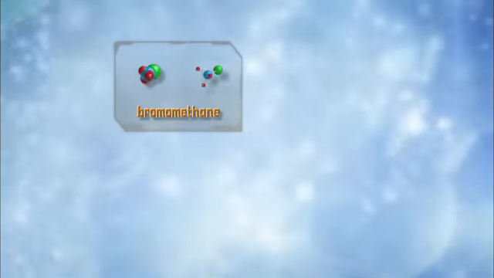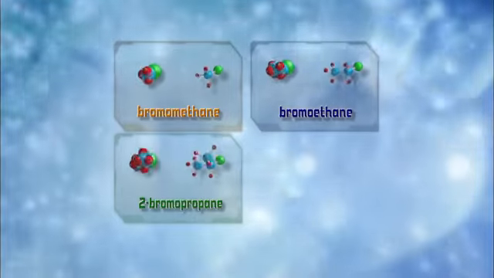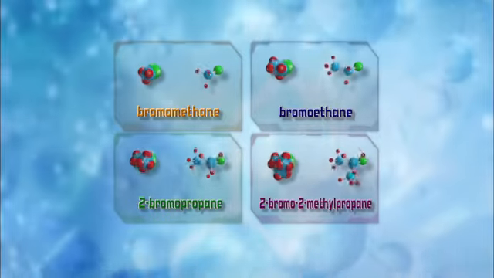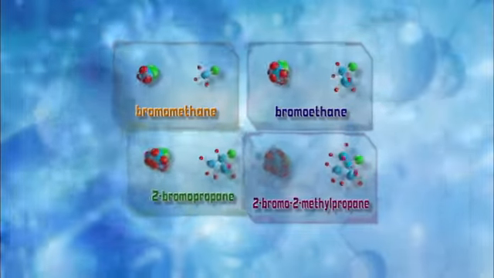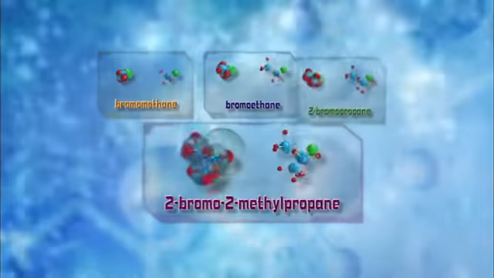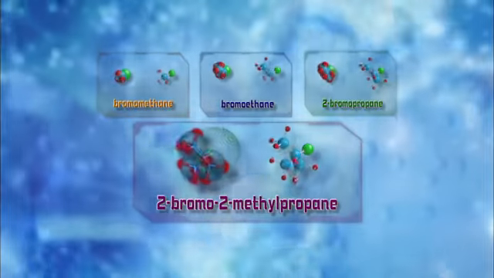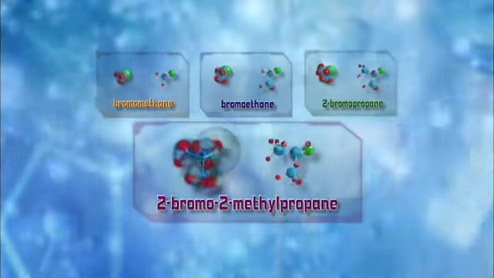The rates of the single elementary steps when bromomethane, bromoethane, 2-bromopropane, and 2-bromo-2-methylpropane react with the hydroxide ion differ greatly. The least reactive member among them is 2-bromo-2-methylpropane. But why?